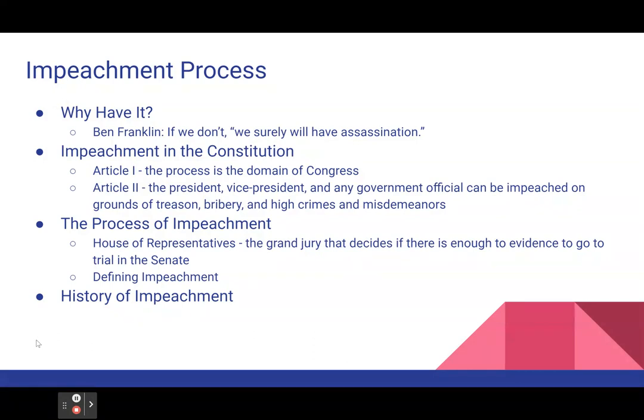Bill Clinton, a Democrat, was impeached by a very, very conservative Republican Congress. And then, of course, Donald Trump was impeached twice by Democrats in Congress. So this leaves many experts to conclude that the process is very partisan at the heart of it.